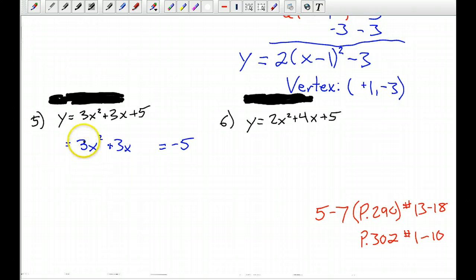Whatever numbers from x squared, positive or negative, we have to take that out. So take out a positive 3: x squared plus x, some number, equals negative 5.